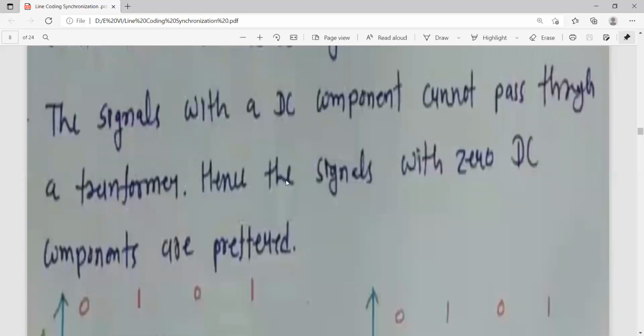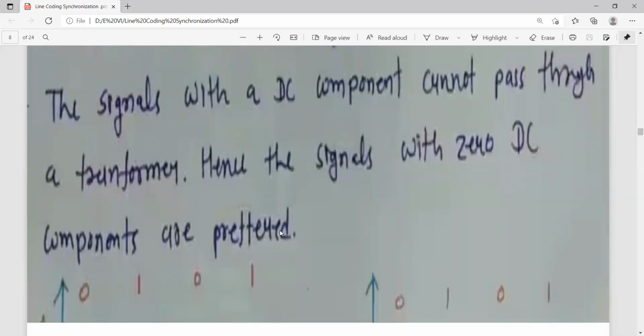The signals with a DC component cannot pass through a transformer, hence the signals with zero DC components are preferred.